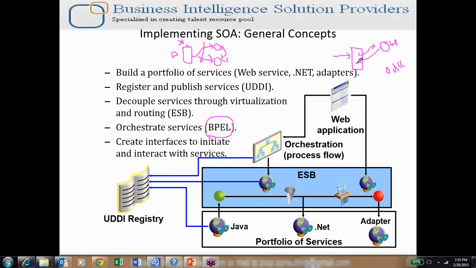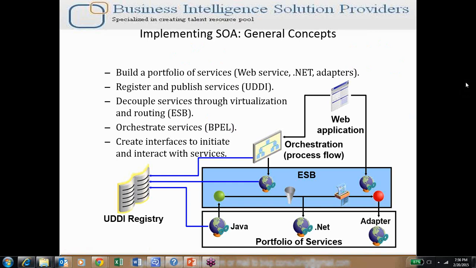If it is valid, then it calls the debit credit card service. So if you see, this is what orchestration is. I will prove to you throughout that BPEL only orchestrates, nothing more than that it does. Web applications can be there to call the services. It can be ADF, JSF, JSP, anything can call your services.